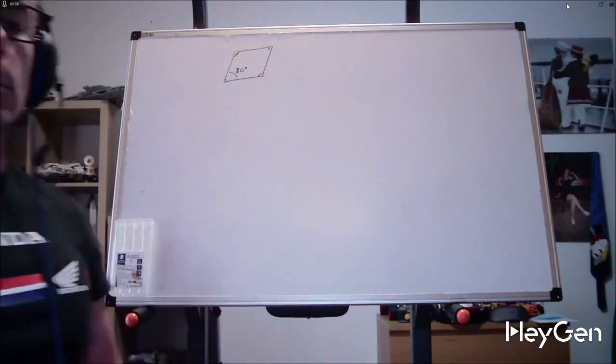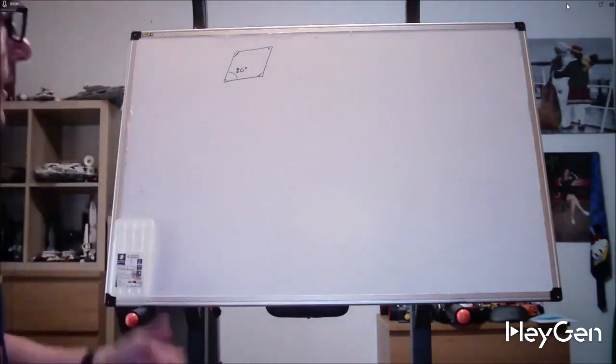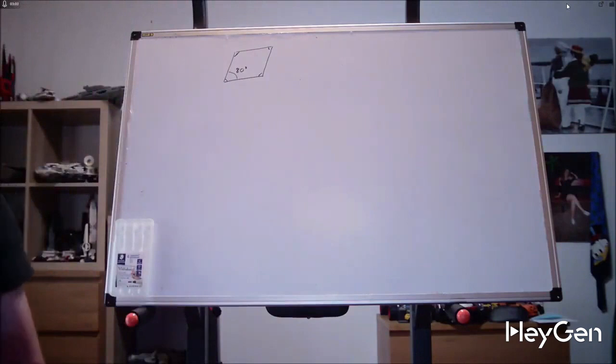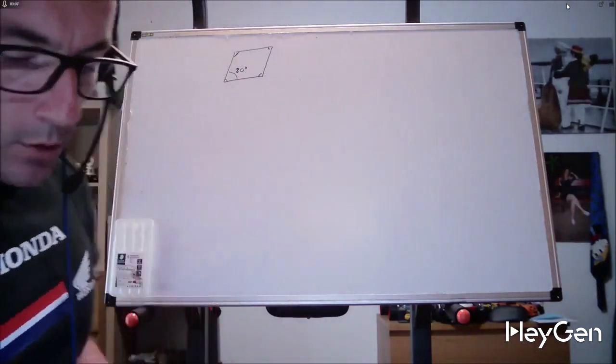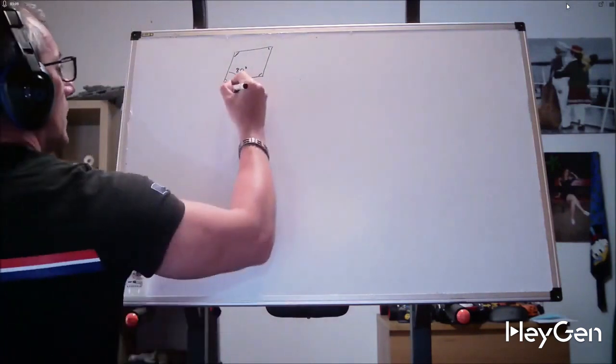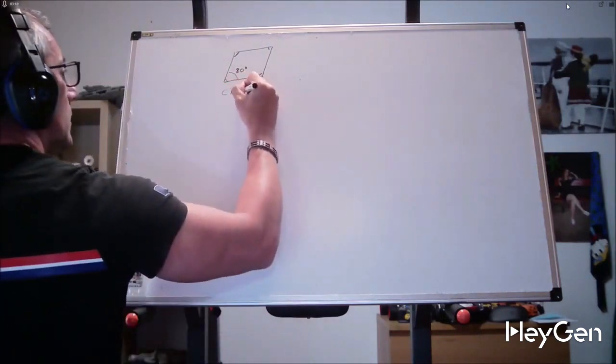This is the typical insert used for roughing. This insert is usually called CNMG or CCMT. What is the difference? Now I will explain it to you.